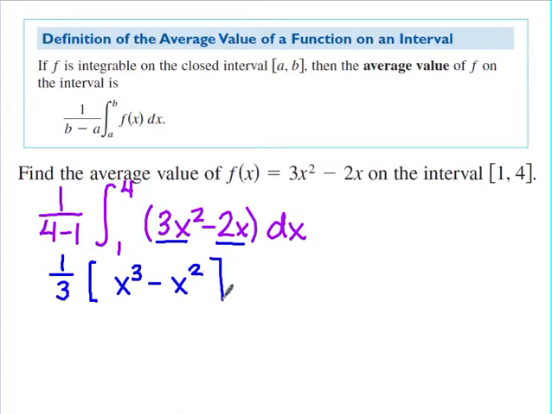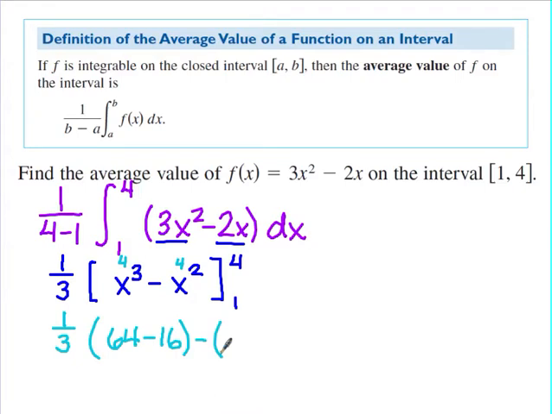Now if you remember from Tuesday, I'm going to evaluate that from 1 to 4. And so now I'm going to go ahead and leave that 1/3 out front. And if you remember from Tuesday, what I did is I plugged 4 in each of these first. So I have 4 cubed, which is 64 minus 16.